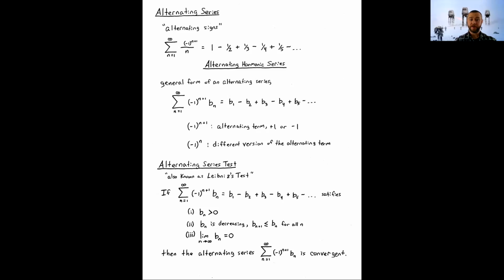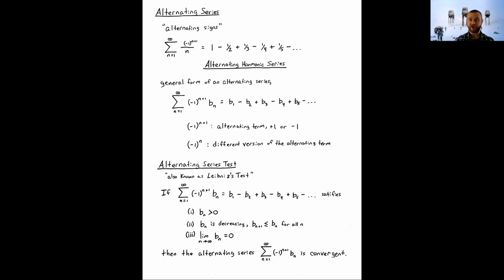The other factor, b sub n, has to be strictly positive. That prevents any double negatives canceling to give a positive, which might screw up the alternating nature of what we want for an alternating series.